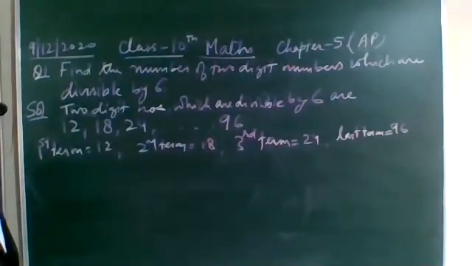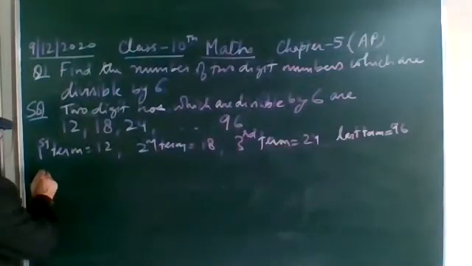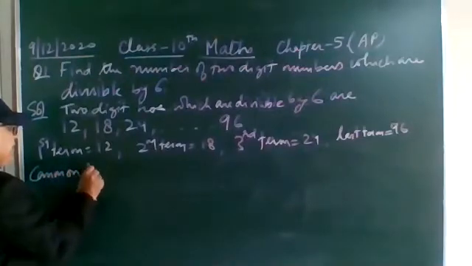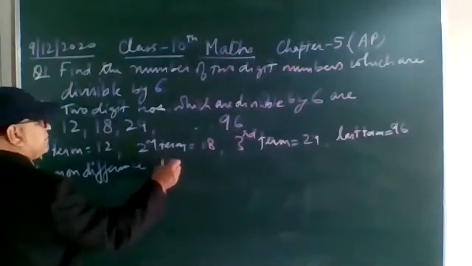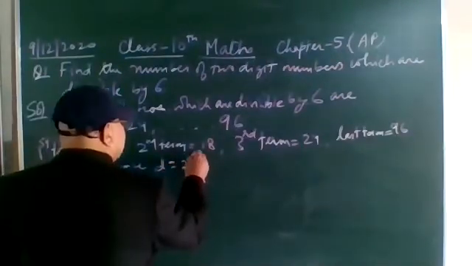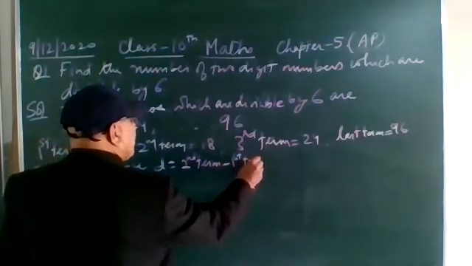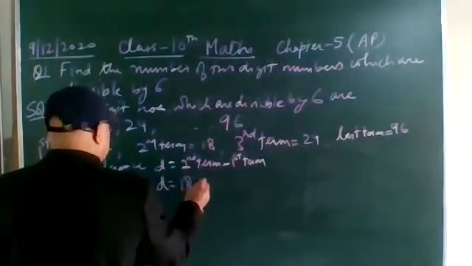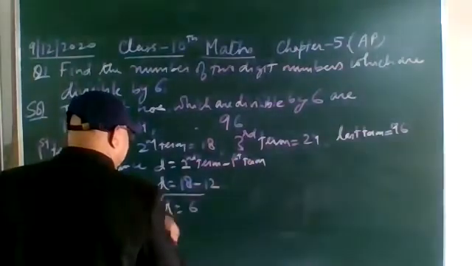Now to show that the numbers are in AP, what do we do? We take the common difference. We find out the common difference. So you will write common difference D, second term minus first term. D, 18 minus 12, that is 6.